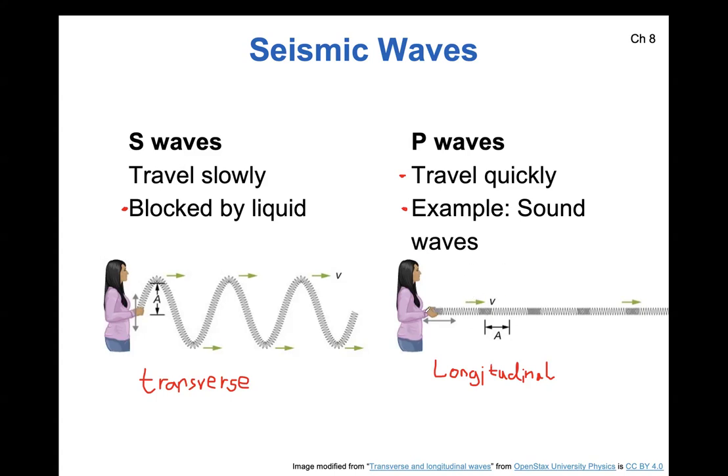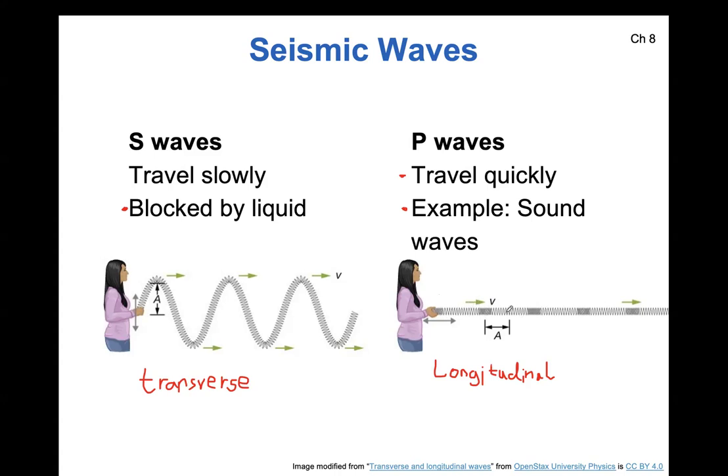And the reason that this doesn't require an elastic property, unlike transverse waves, is because in the case of liquids and gases, this is just going to be a rarefaction, so fewer molecules in a particular volume, and in the other case, just an increase in density. So we have basically a condensation and a rarefaction.